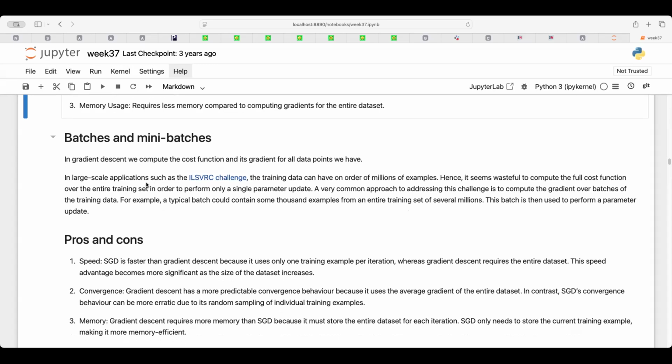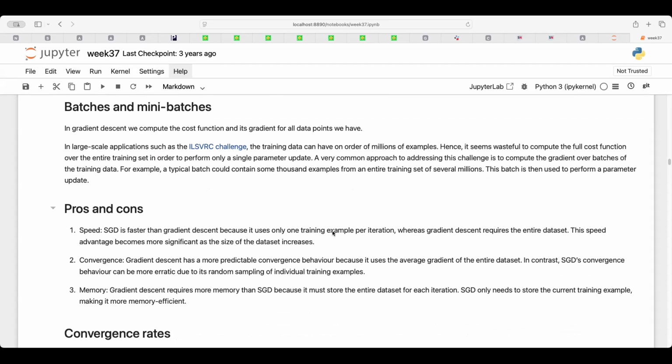In many of these large scale applications, this is one of the challenges, for instance on images. The training data can have an order of millions of examples or more. Then it's actually wasteful to compute the full cost function over the entire training set in order to perform only a single parameter update. A very common approach to addressing this challenge is to compute the gradient over batches of the training data.